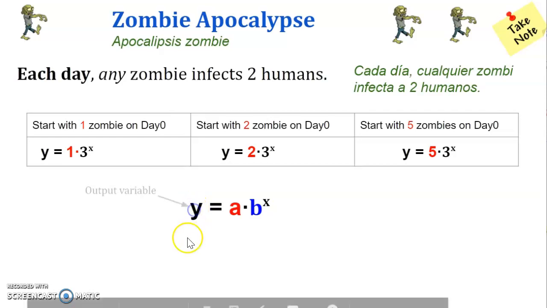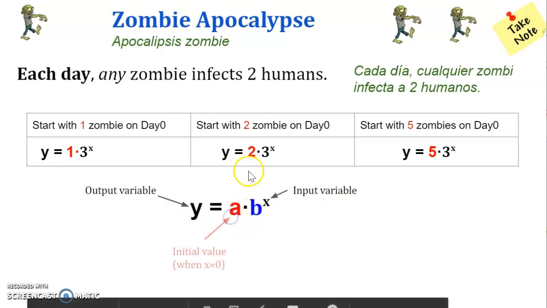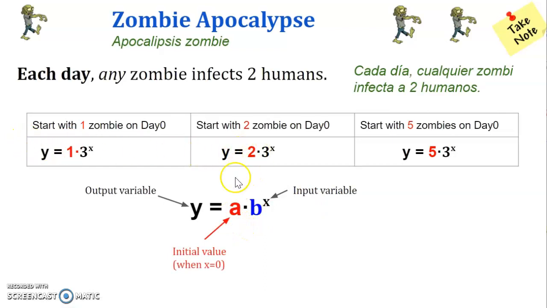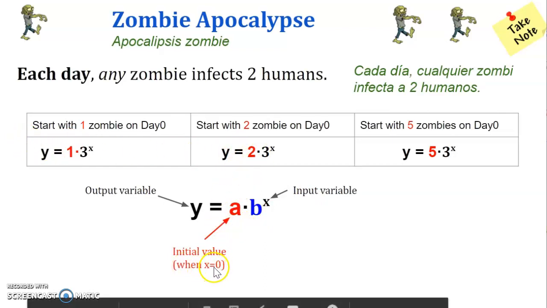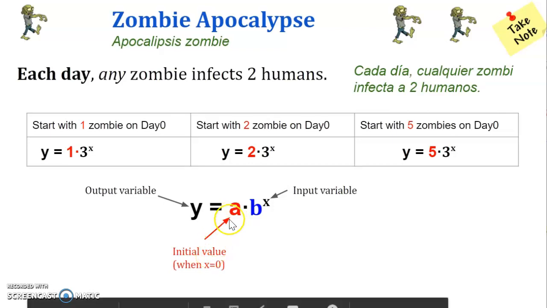And y is our output variable and x is our input variable. A, as you can see, is the initial value when x is equal to 0. Or in the sequences, remember that was the day 1 value, but actually that does not translate very well. So forget that. It's actually the day 0 value.